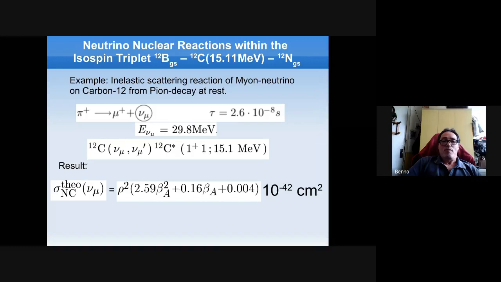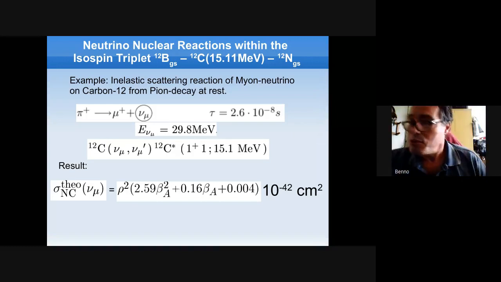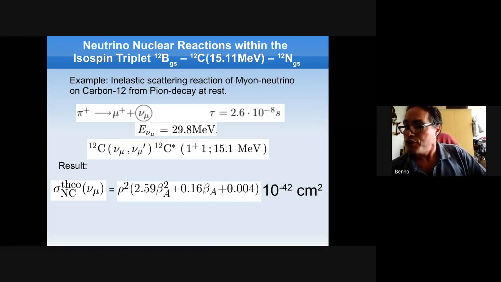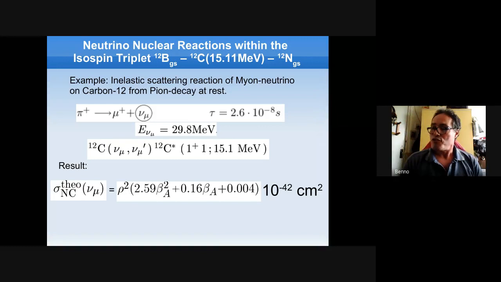So the crucial point I like to figure out is that all observations with the neutrinos are related to the knowledge of neutrino-nuclear interactions. This shows the importance of these studies.